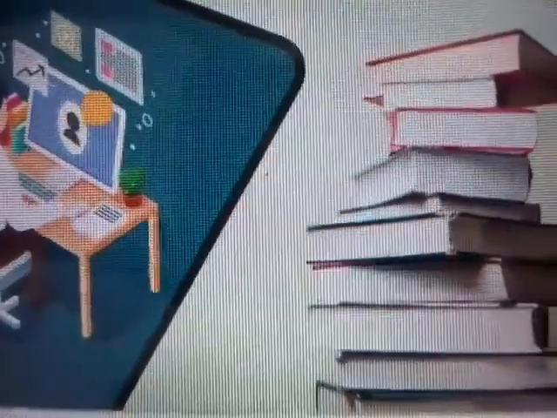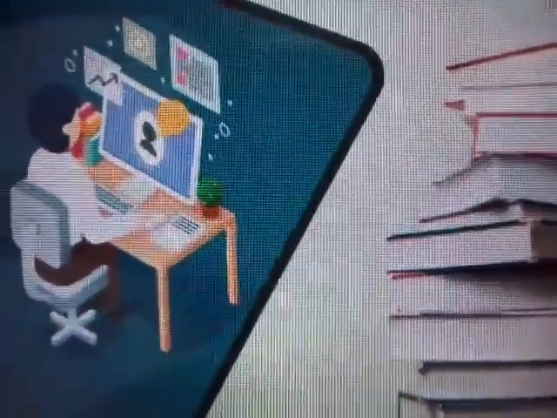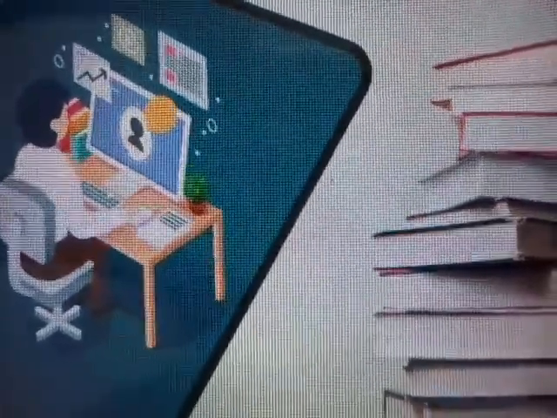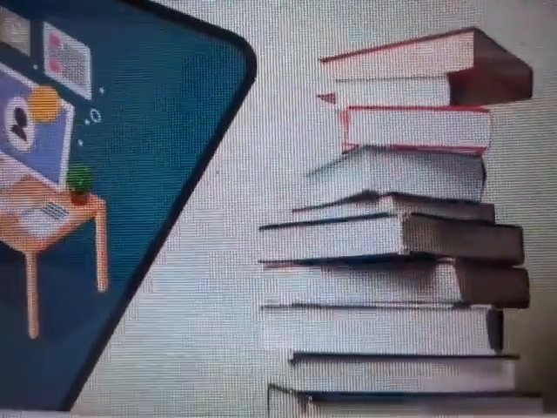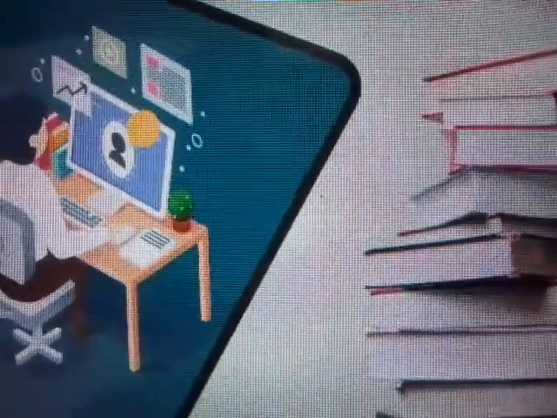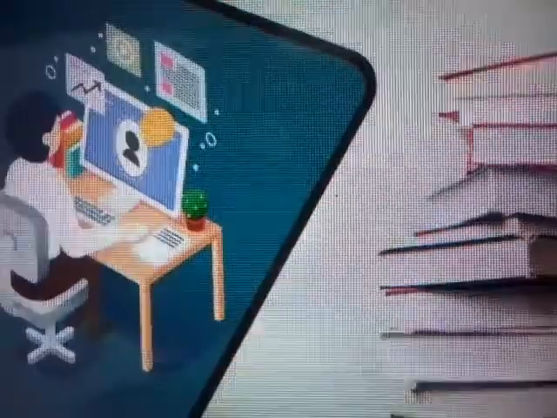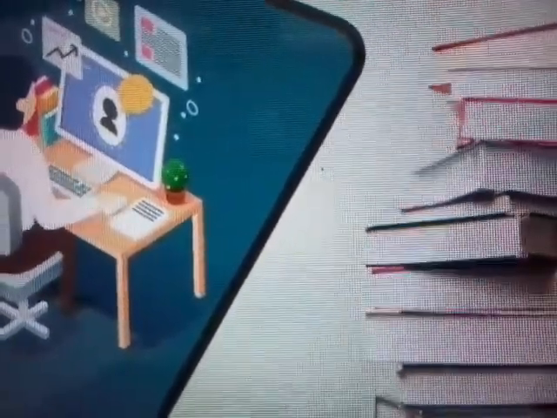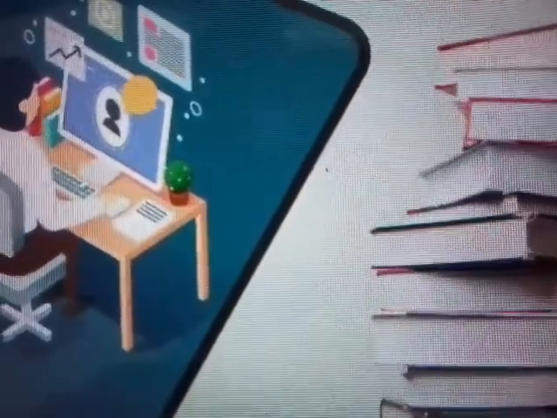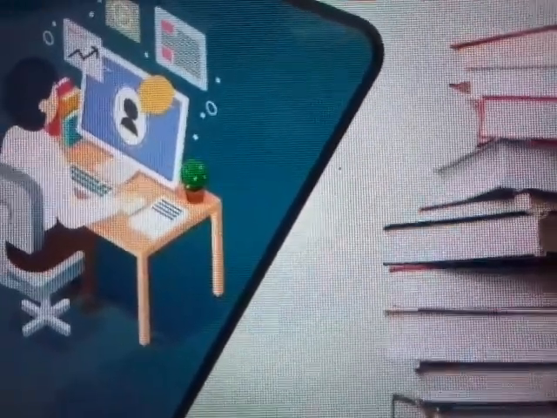So the work done by this heap of accounting books can be done by one computer, and also much more than this can be done by computers. Therefore, this advancement of technology has brought a lot of changes in the business environment.